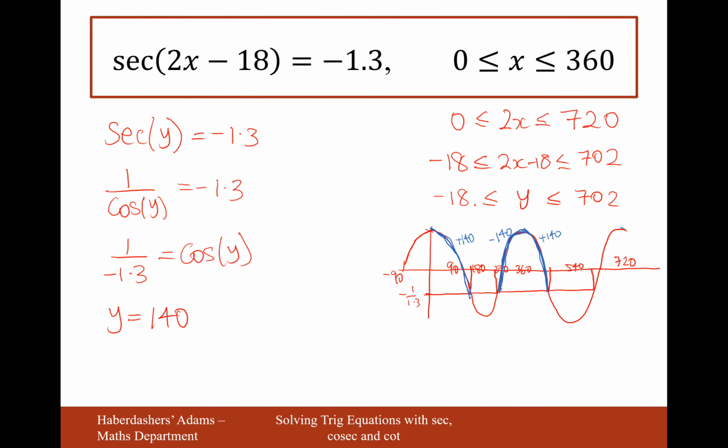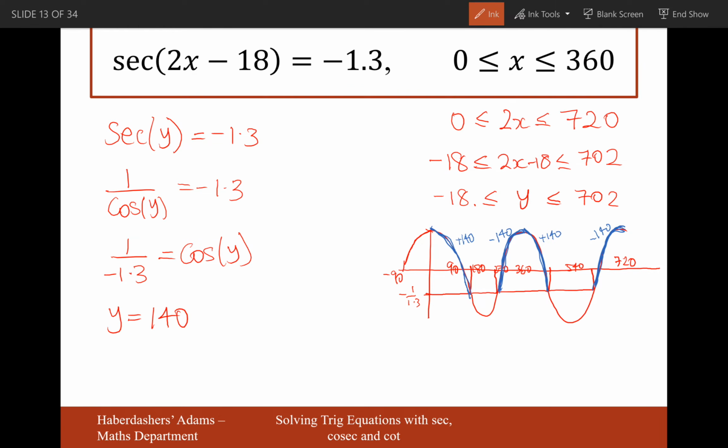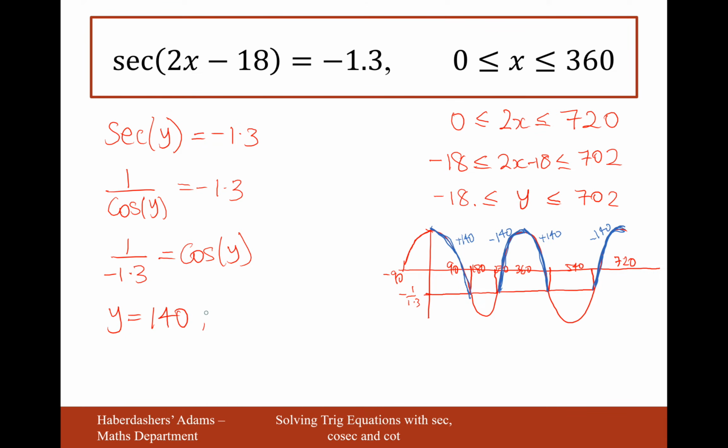And then from the final solution, I've come backwards from 720 by 140 to get to that solution there. So y is also going to equal 360 minus 140.